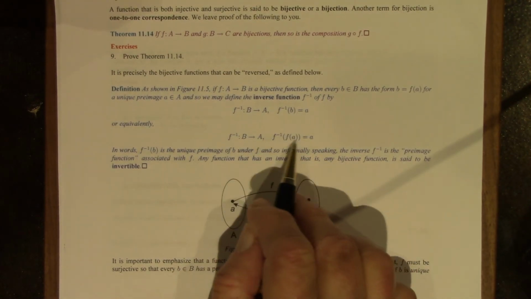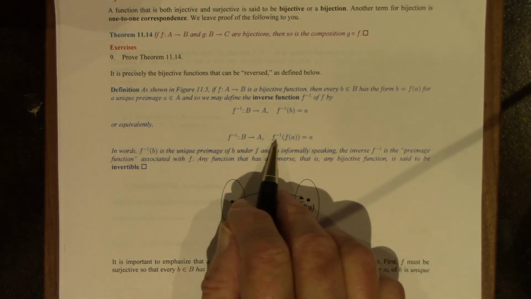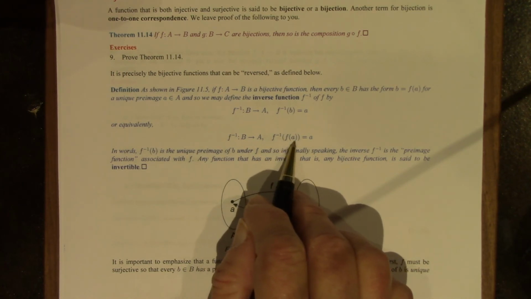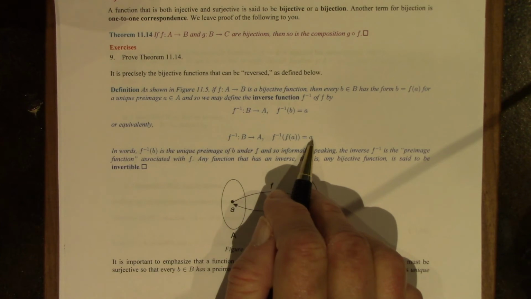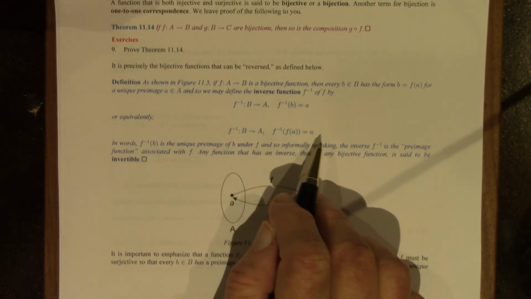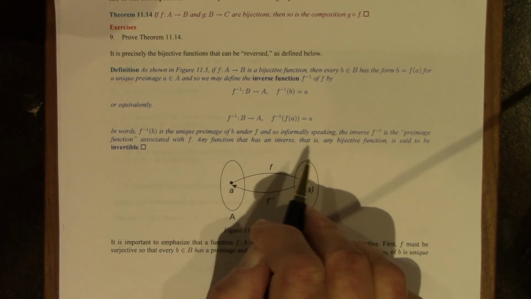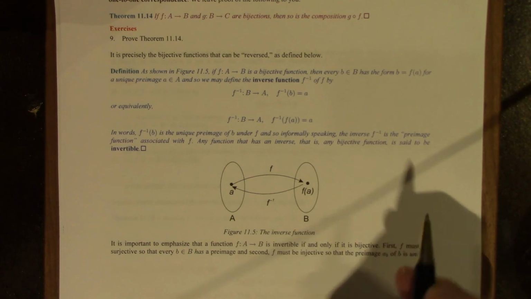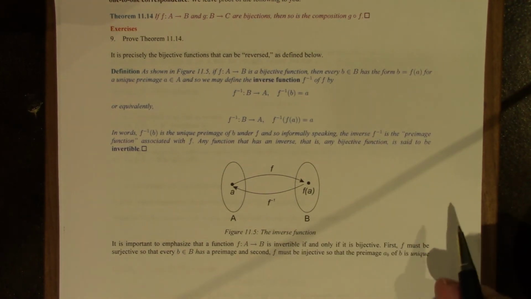Since b is F of a, it could also be written this way. The composition, F inverse composed with F, is in fact the identity on A. It sends little a to itself. Okay? So you can think of it as the pre-image function, but when you speak out loud, you should call it the inverse function.